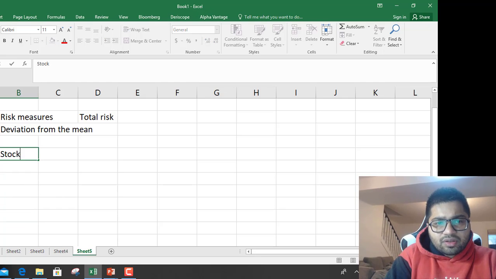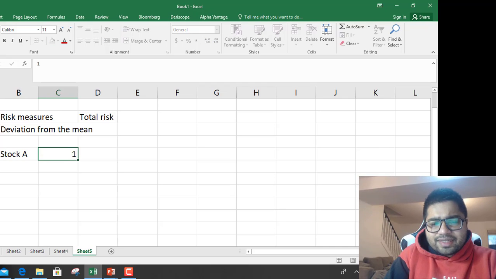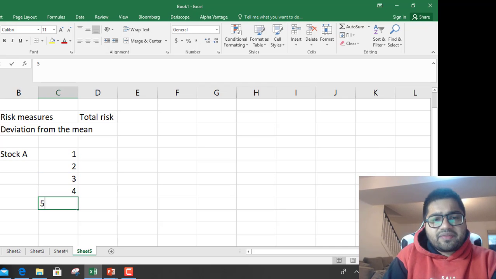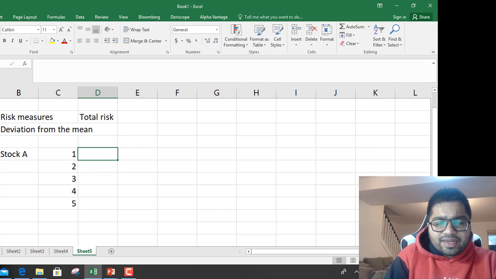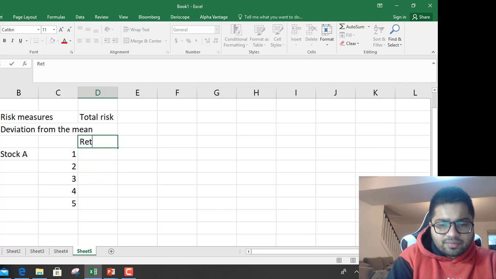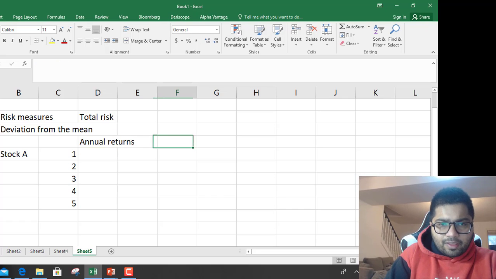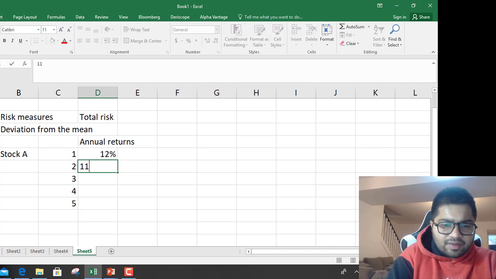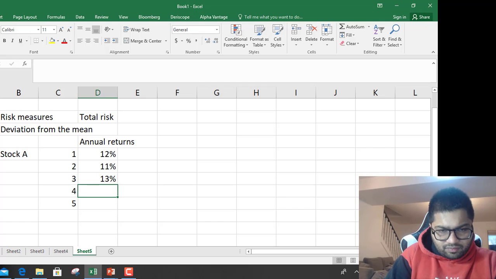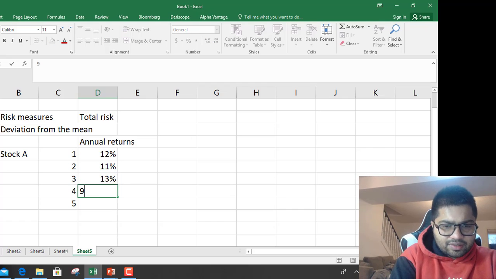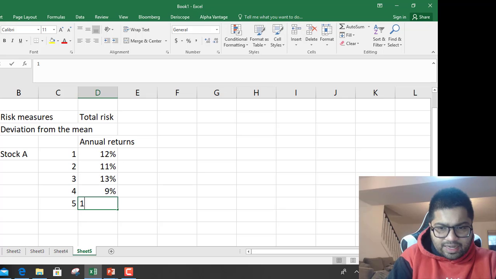Let's say stock A had these return profiles in the last 5 years. These are annual returns: 12%, 11%, 13%, 9%, and 10%.